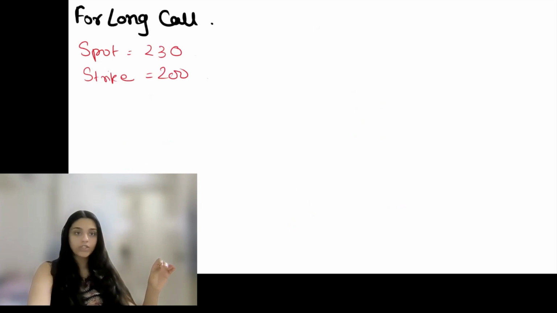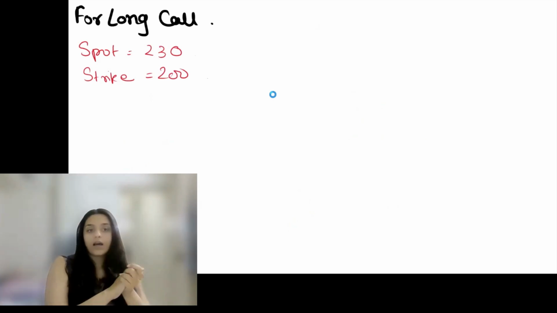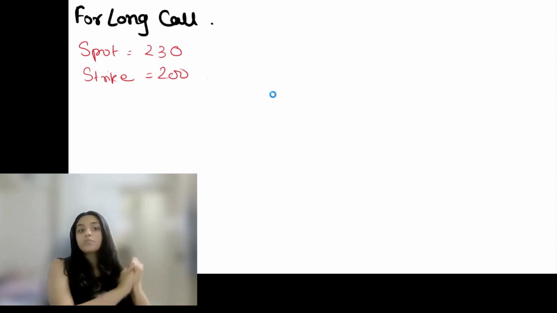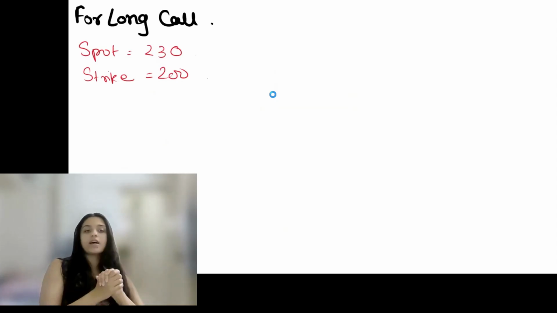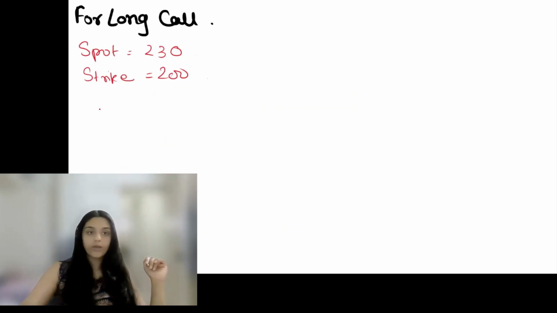So first the question is for long call. Suppose in the exam you are given that the spot price is 230 and the strike price is 200. So what will your payoff be?